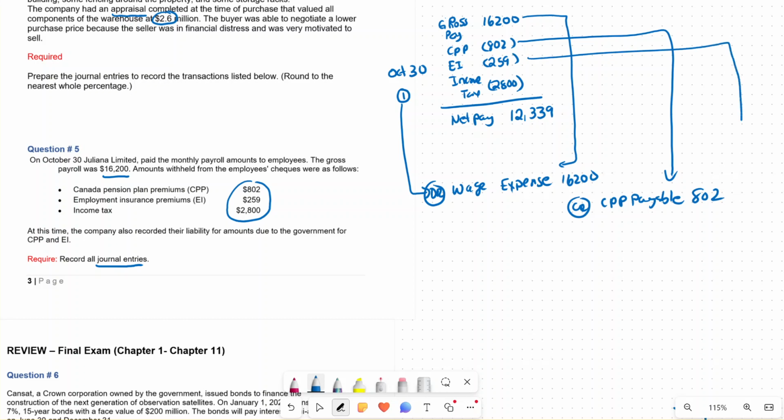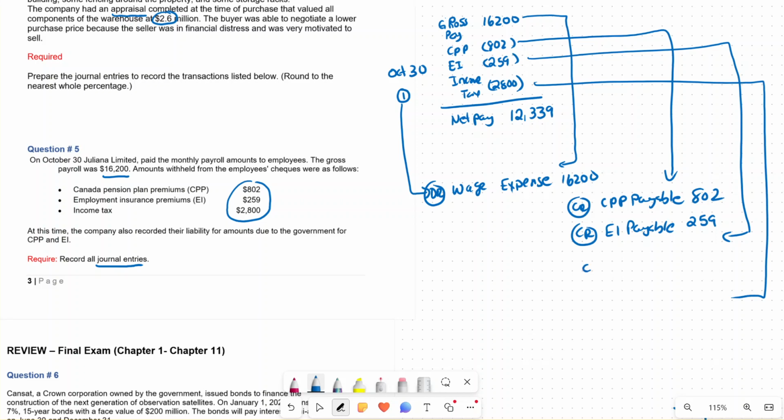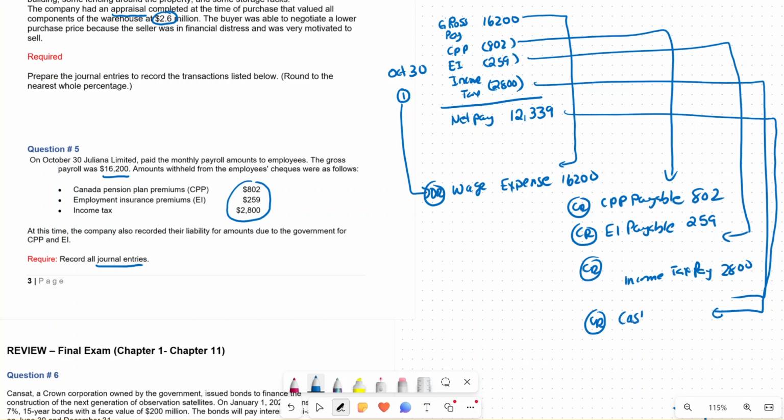My next one, EI payable, is 259. My next one is my income tax payable, and that is 2,800. And then you have the net pay. The company has to issue a payment to the employees. That will be cash of 12,339. So that's the first entry.